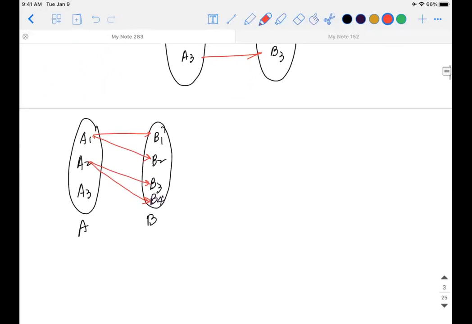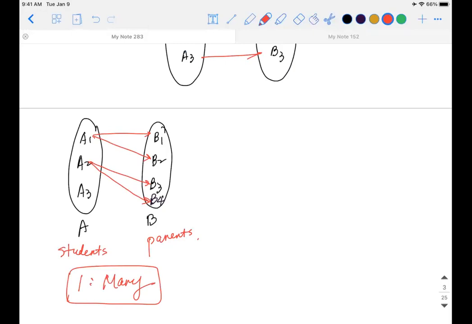Let's say we have a collection of students and a collection of parents. A is the collection of students, B is the collection of parents. We want this mapping from a student to the two parents of this given student. Of course, from one value in A you will find at least two in the B set. That is a one-to-many relationship.